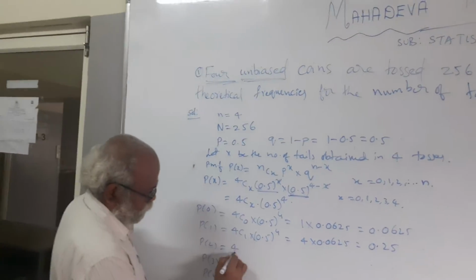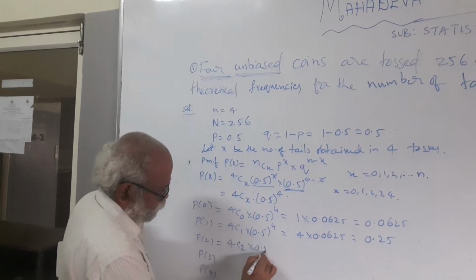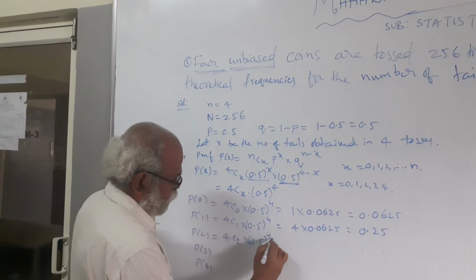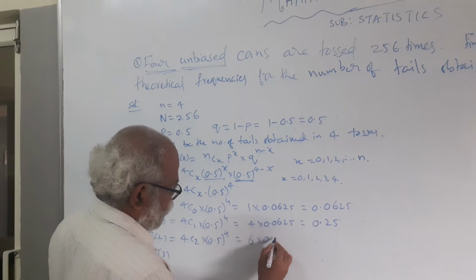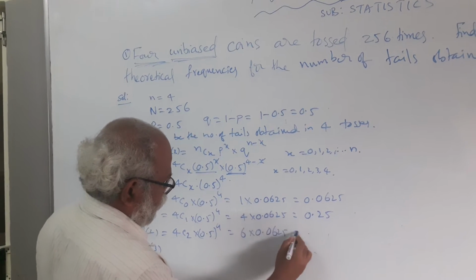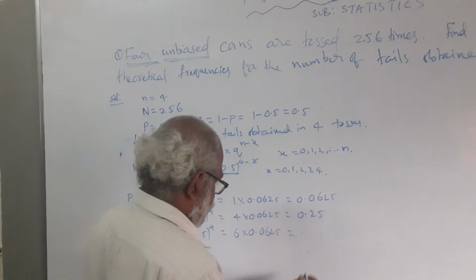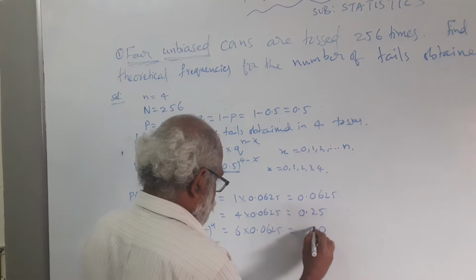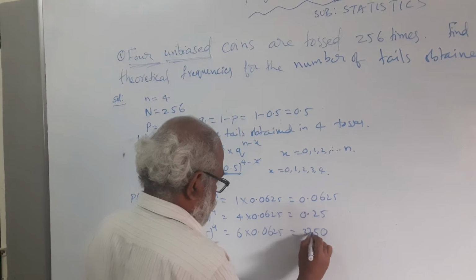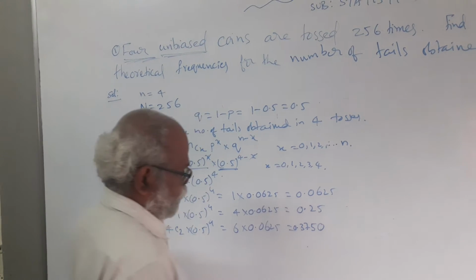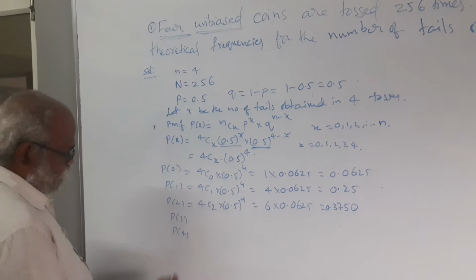Next, 4C2 into 0.5 raised to 4. 4C2 is 6, 6 into 0.0625, that is 0.3750.